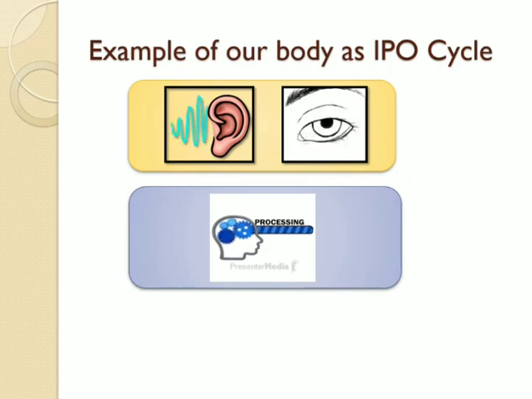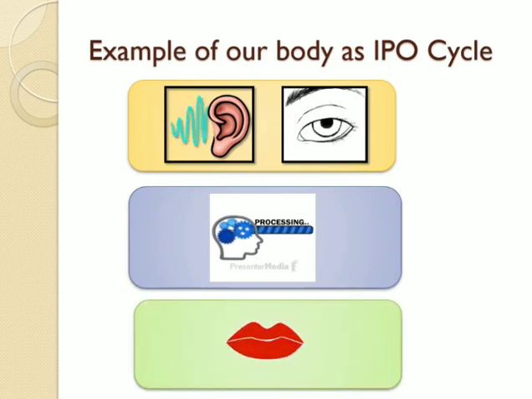Then our brain stores the question the teacher asks, thinks for the answer and orders us to speak. This way the brain works as a processing unit, and when we answer with our mouth, it works like an output device.